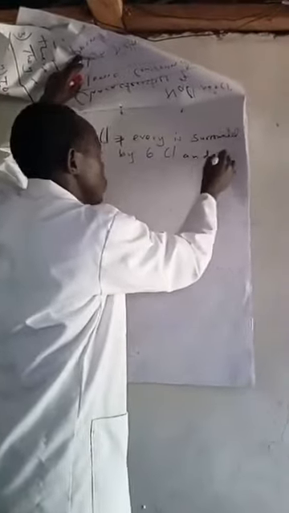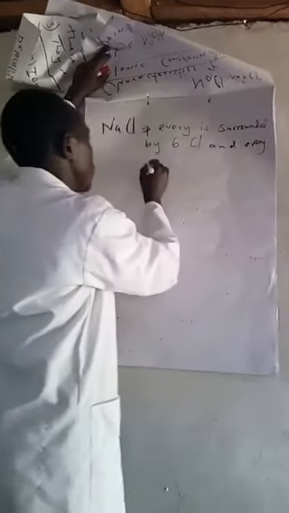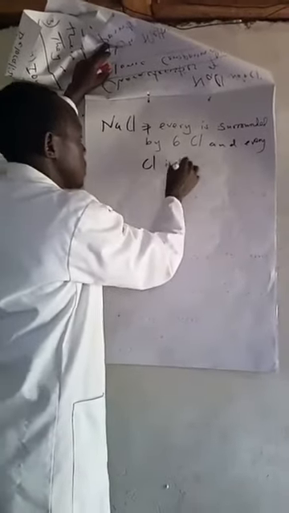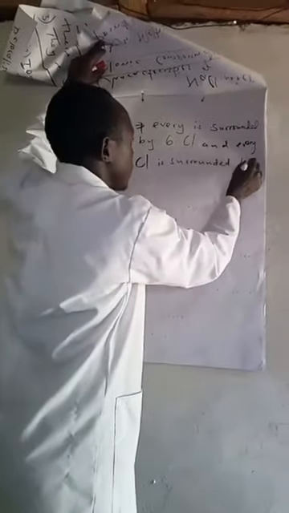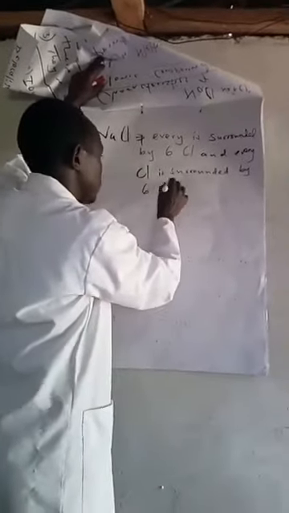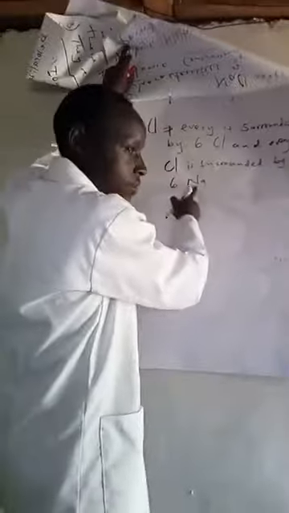Also, every chlorine or chloride is surrounded by 6 sodiums. So every sodium is surrounded by 6 chlorines, and every chlorine is surrounded by 6 sodiums, vice versa.